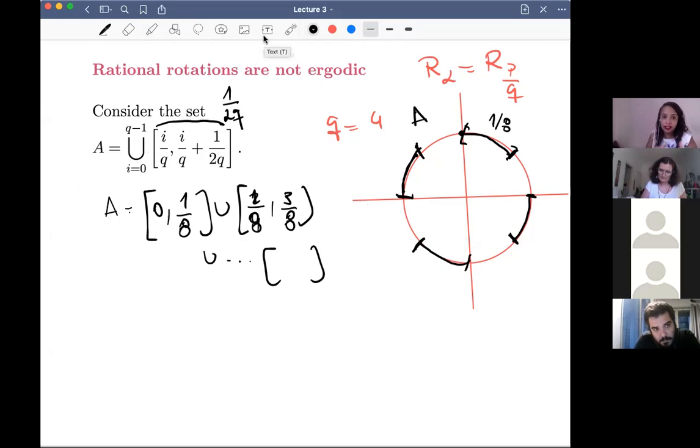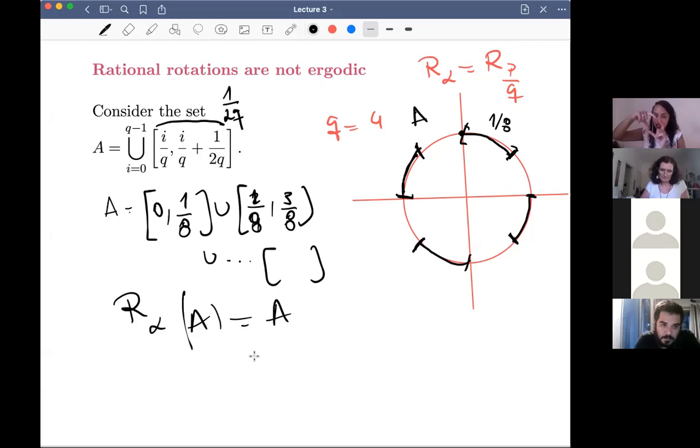First of all, is this set invariant? What does invariant mean? In this case, it's an invertible map. So is this set invariant? Well, to be invariant, the image of this set should be itself. Let's check, because what the rotation P over Q does is the following. It takes the arc and passes it to the next.